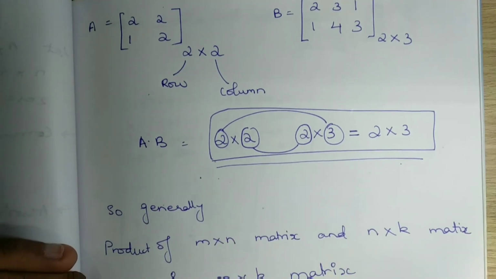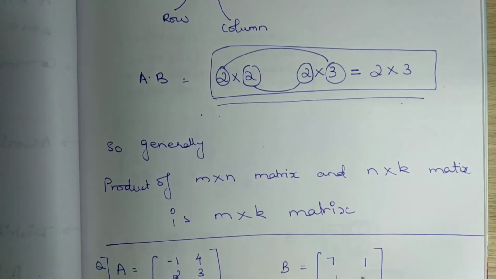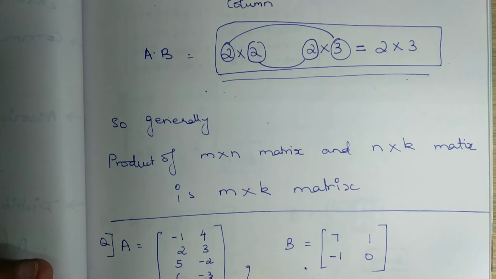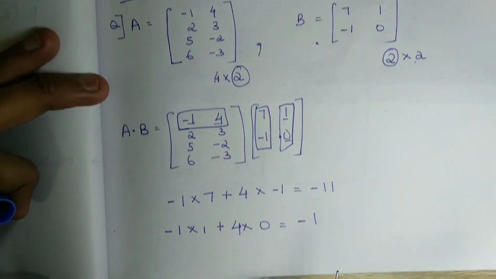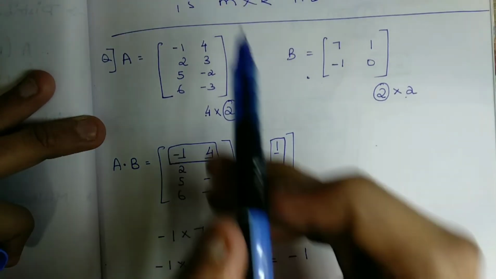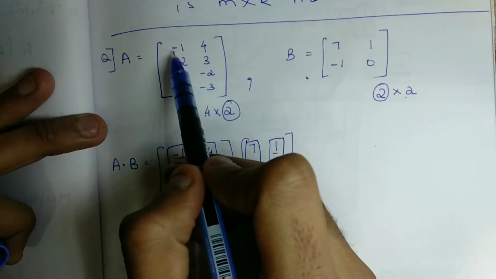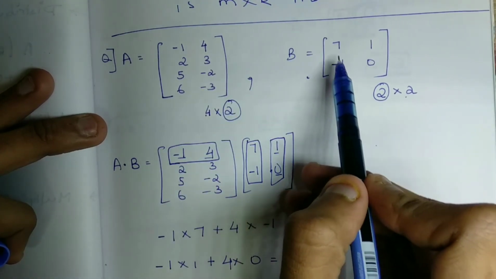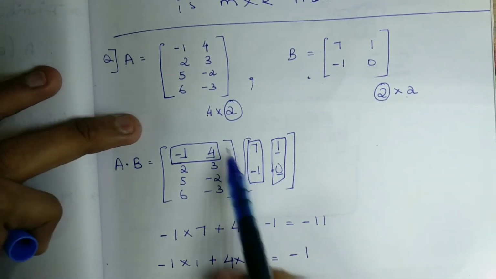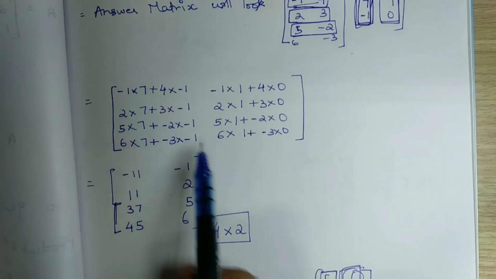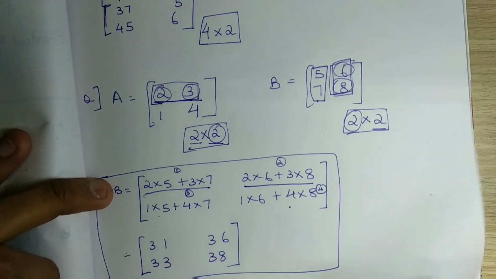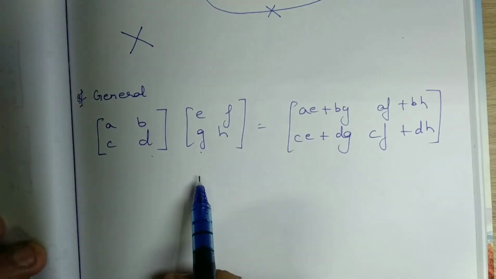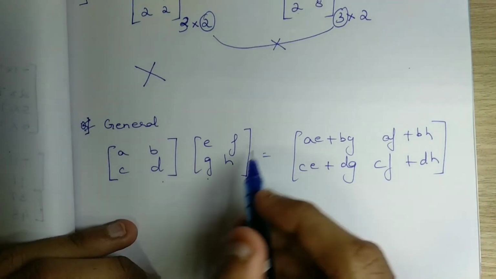The first property to be checked while starting with a sum, and as I said, in some of the examples: multiply the elements along the row of matrix A with the corresponding elements along the column of matrix B, and then add them. We did another example, the 2 by 2 matrix. This is a general statement for a 2 by 2 matrix.